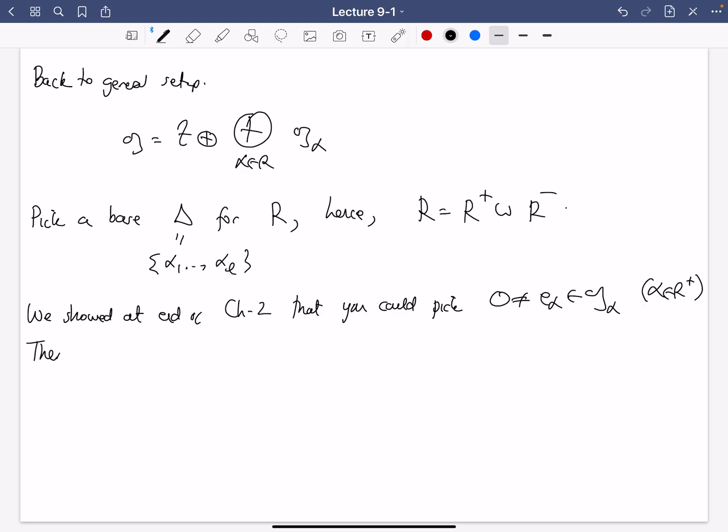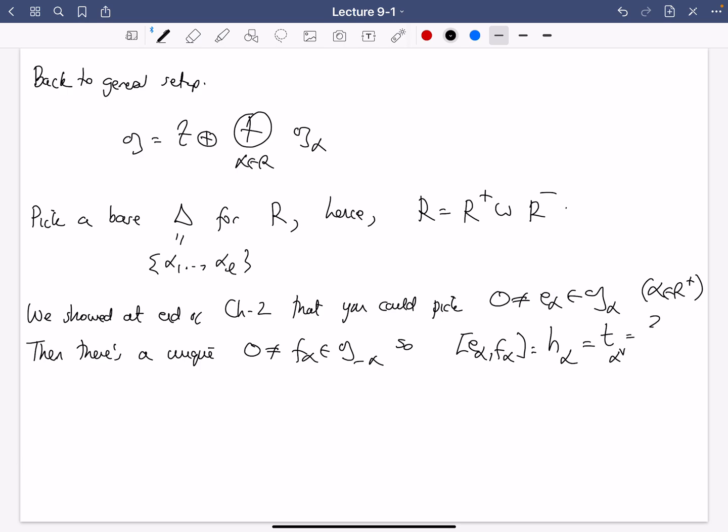And then there's a unique non-zero F alpha in G minus alpha. So the bracket of E alpha with F alpha is this special element called H alpha that we had before. H alpha, that was the element of T which corresponded to alpha check under our identification.